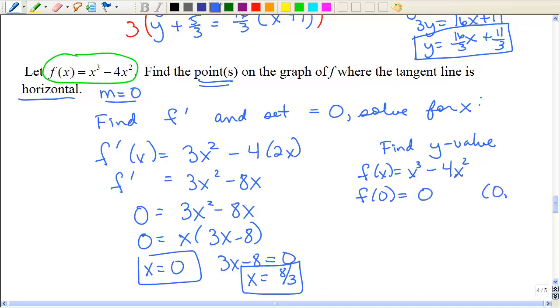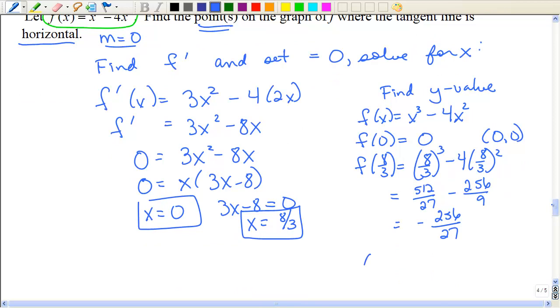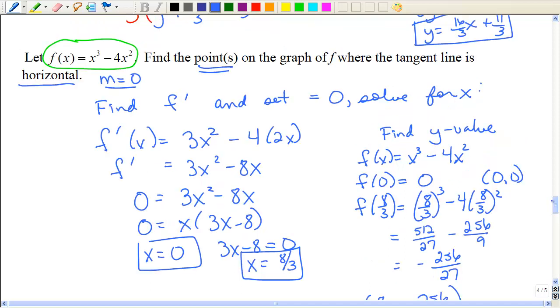So one point is 0, 0. Then I'm also going to take 8/3. Okay, so the other point on the graph, when x is 8/3, y is -256/27.